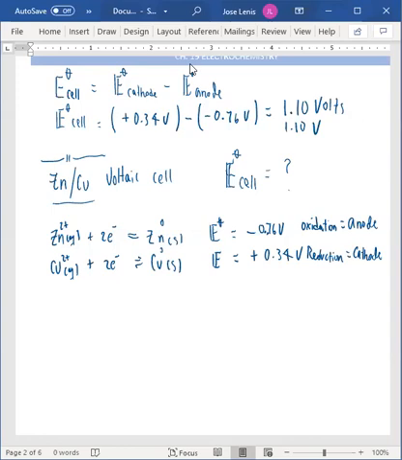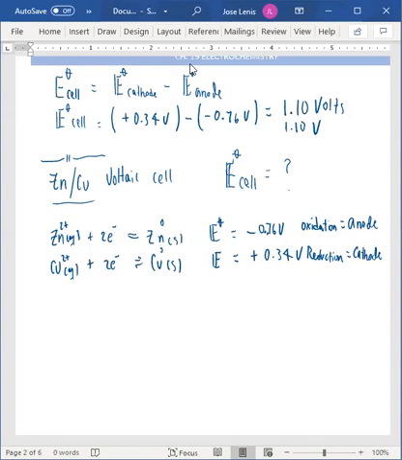By comparing these two numbers, looking at the signs of the numbers, the copper will undergo reduction, therefore it's going to be the cathode, and the zinc is going to do oxidation. So that means we need to reverse this reaction. The equation, as we took it directly from the table, is showing reduction. We need to reverse.